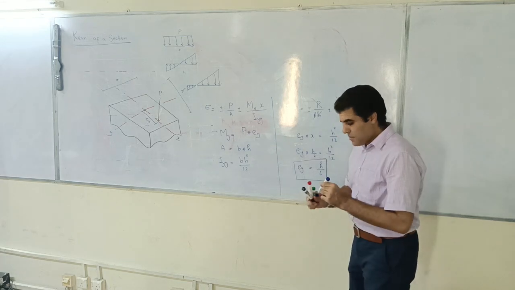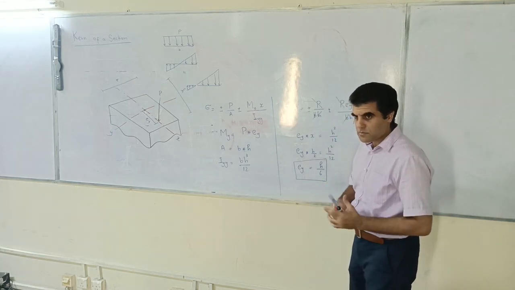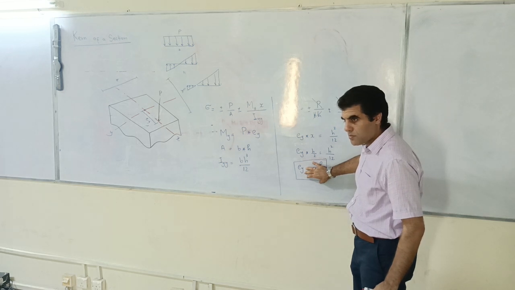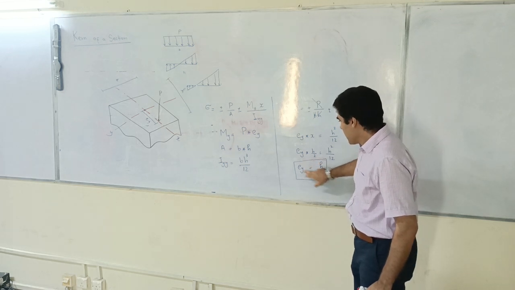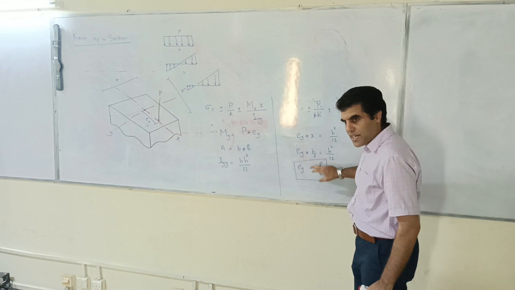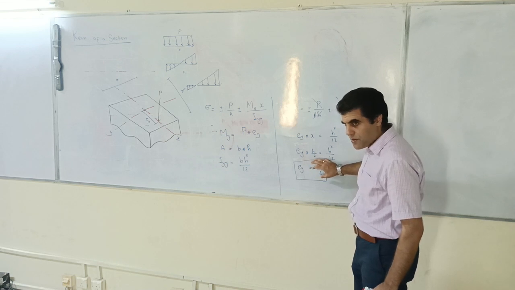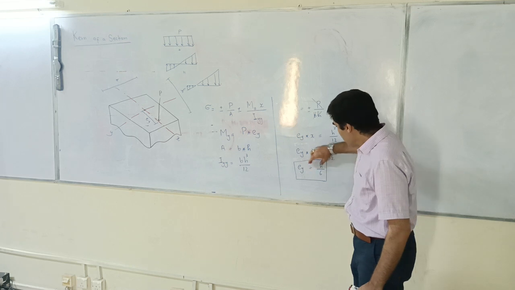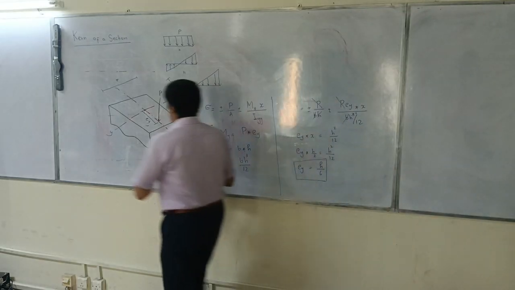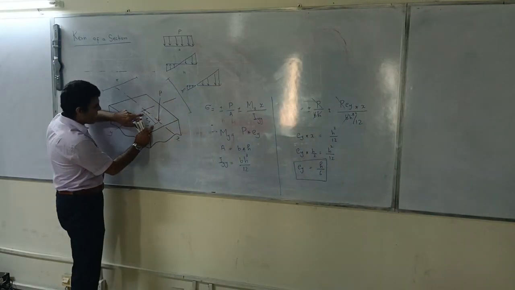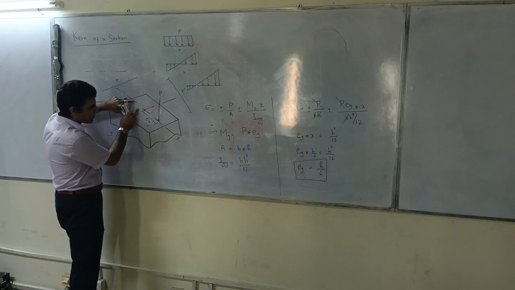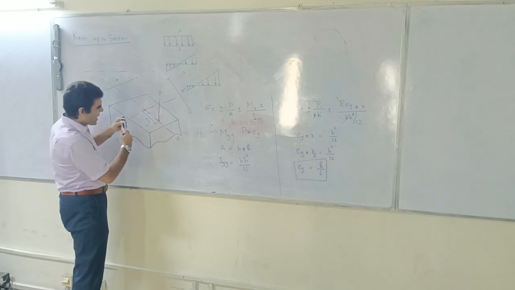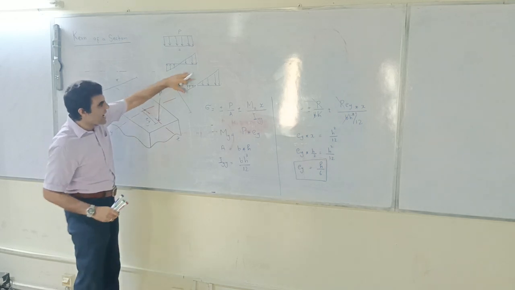So what does that tell you? This is telling me that if I put my load within H by 6, this E_y is H by 6, and on this side also E_y is H by 6, if I put my load in that region, I will always get compression.